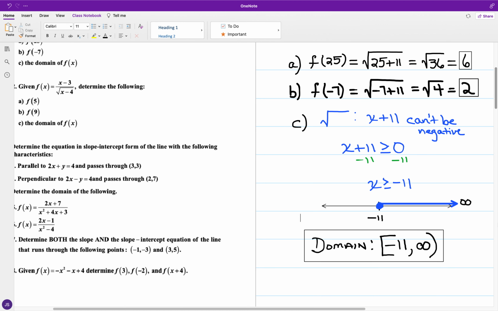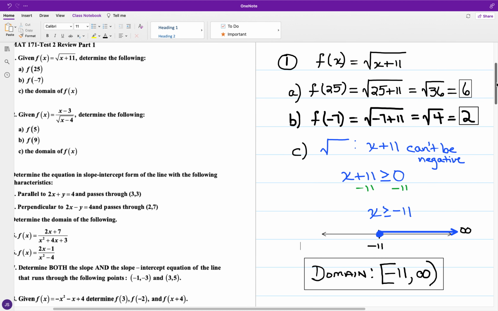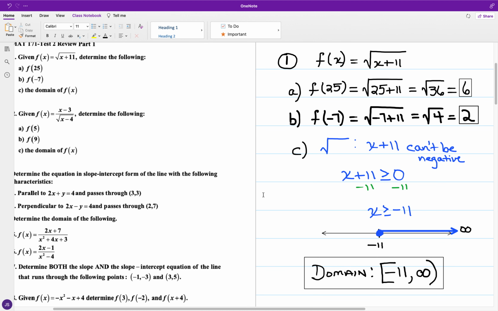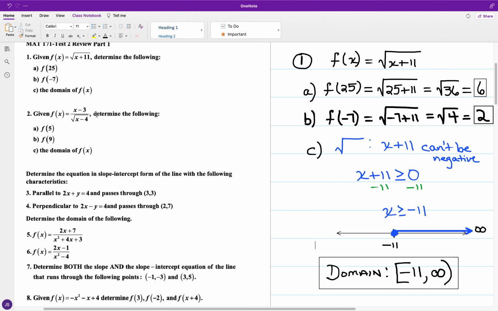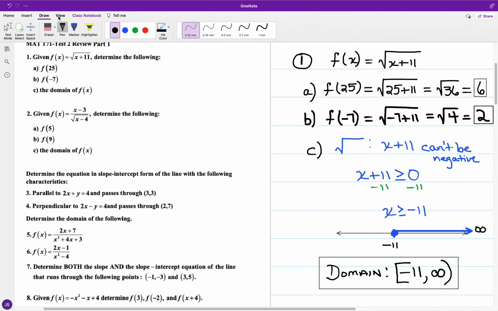Now, again, in number one, f of x is a radical function. In the second problem, we have a blend of a rational and a radical function.